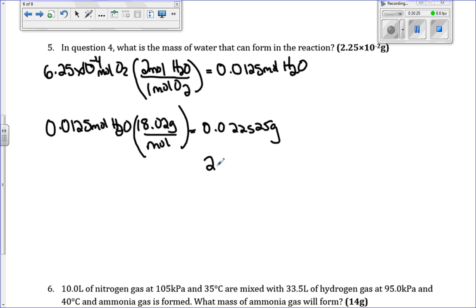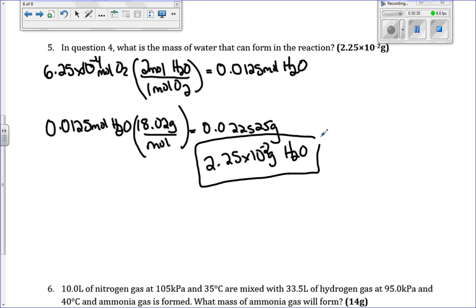So we have 2.25 times 10 to the negative 2 grams of water. Make sure when you go back that you take the original calculation of moles and not the number of moles that was calculated in the mole relationship between reagents. You don't want to be using that 0.00125. It happens to work out, but it won't always be that way. Make sure you go back to the original value.